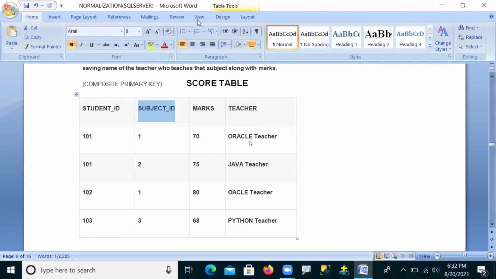Why? Because students are temporary. Students are coming and going. But the teacher is permanent to what? The subject. For example, take myself. Suppose you guys are learning SQL Server from me, and I'm teaching the SQL Server subject. How many days do you stay with me until your course is completed?